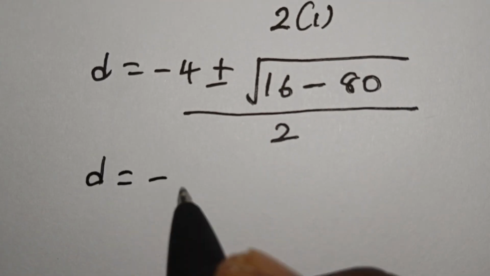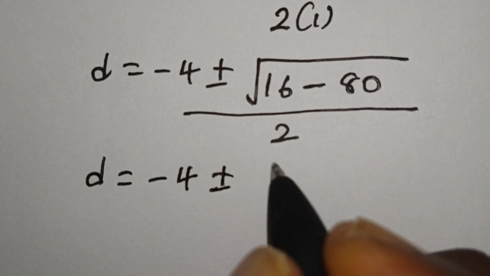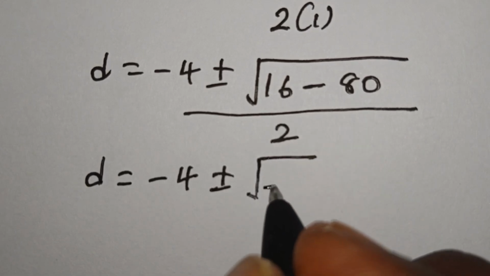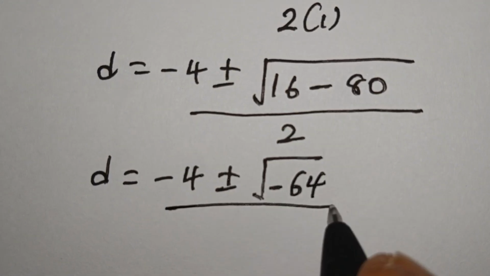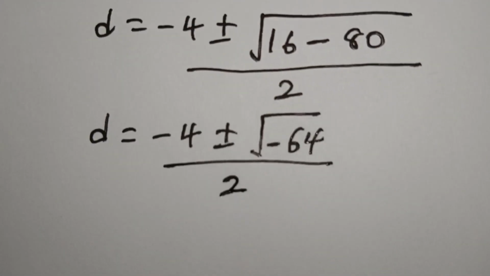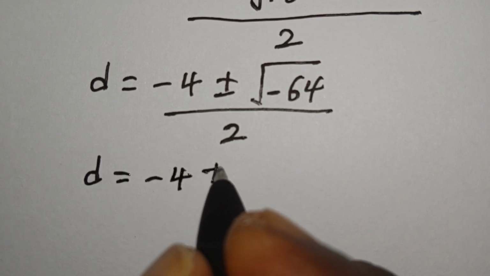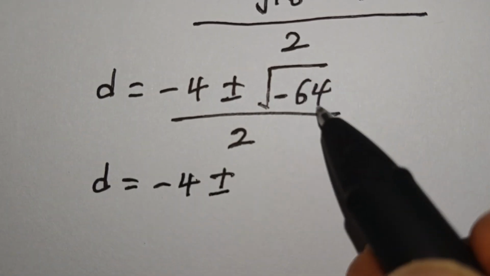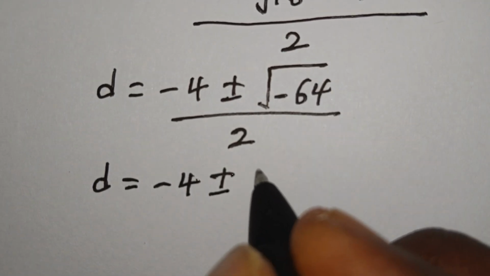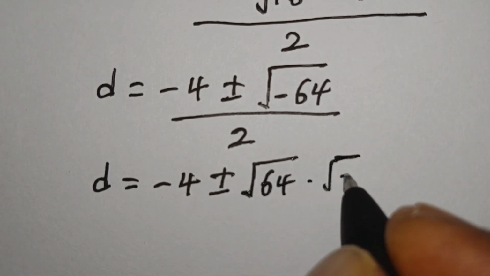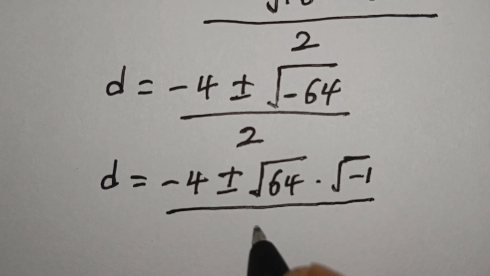D equal to minus 4 plus or minus square root of 16 minus 80, that is minus 64, divided by 2. D equal to minus 4 plus or minus square root of minus 64, which could be written as square root of 64 times square root of negative 1, divided by 2.